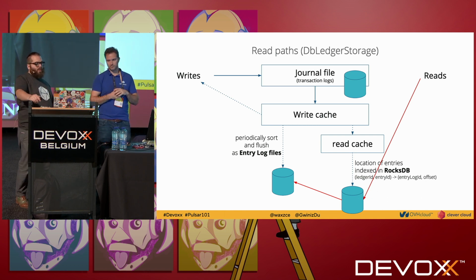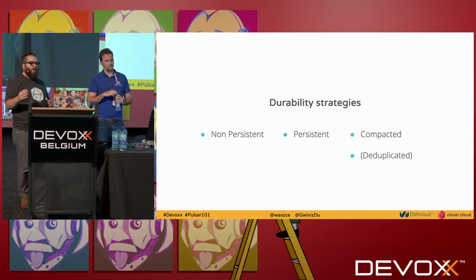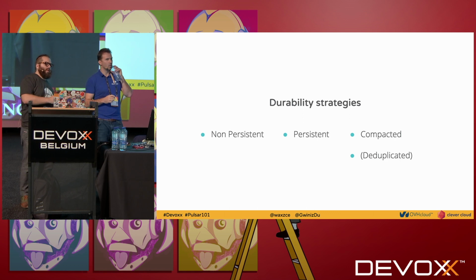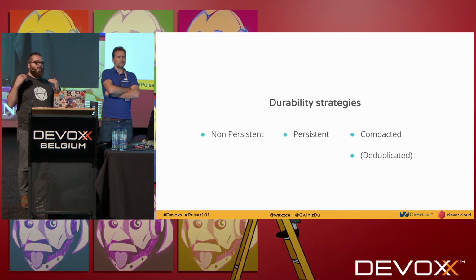And one of the interesting things is you can actually choose whatever strategy you want. You can have persistent or non-persistent messages on top of Pulsar. The non-persistent is a little bit like UDP, but for messaging. It's very interesting because it goes very fast, so you have very low latency when you're using this.